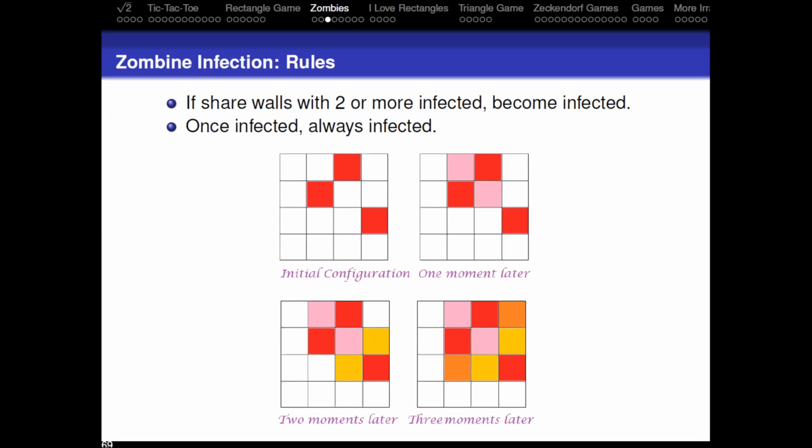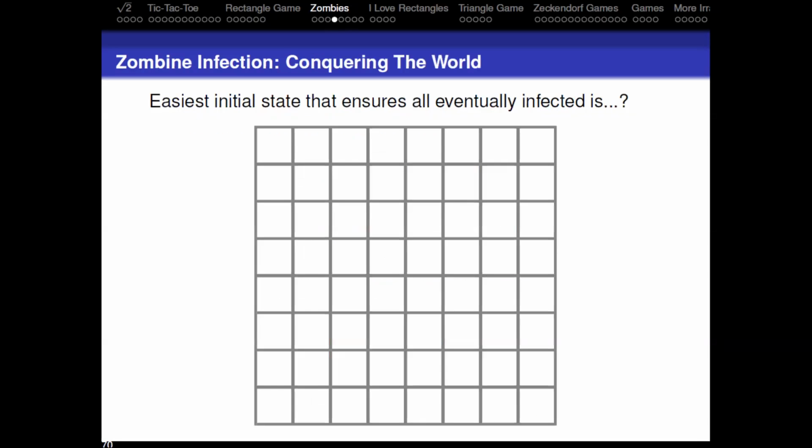So the question is going to be, what's the least number of infected cells we need to guarantee that everybody becomes infected? So rather than trying to find the least, let's just find a very simple pattern that ensures that eventually everybody's infected.